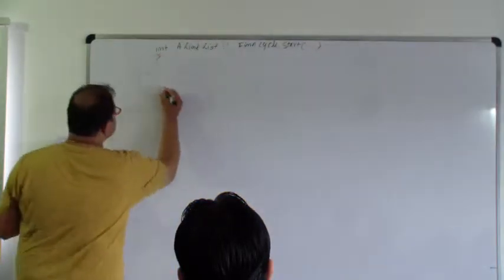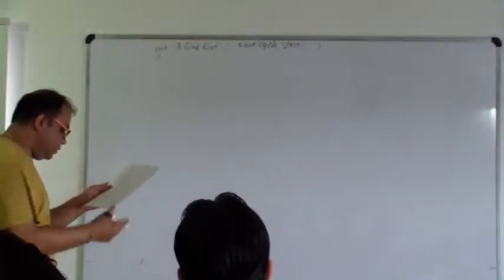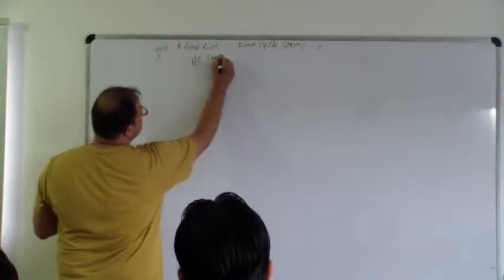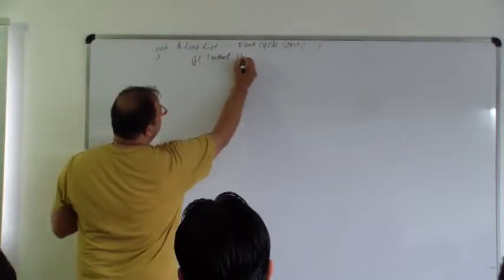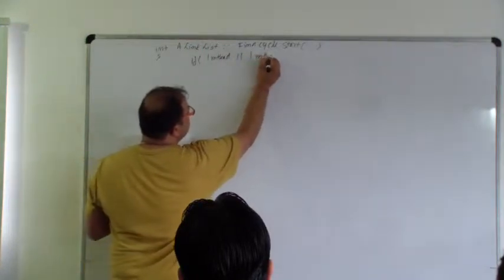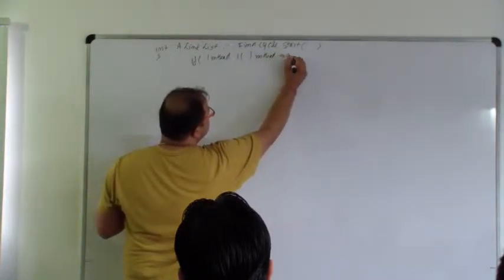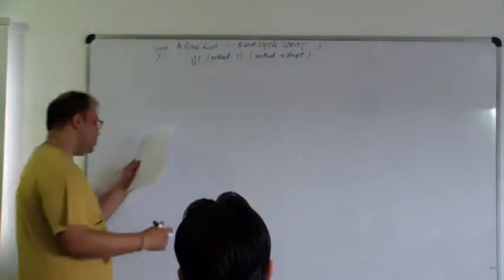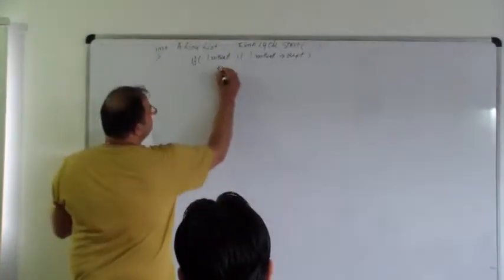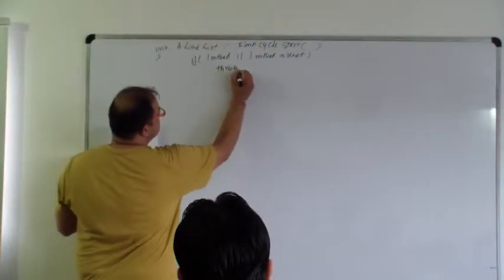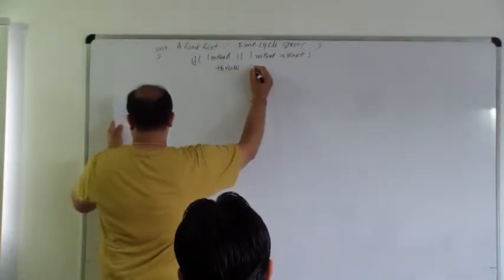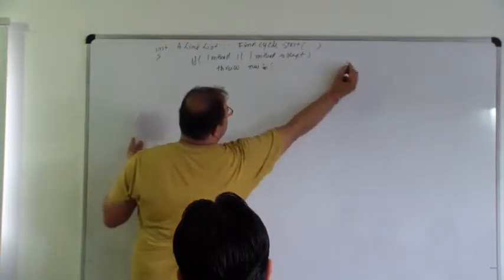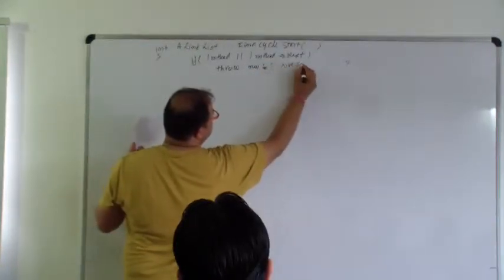We will check if not m head or not m head arrow next, which means that there is no cycle. So what we will do is throw a new exception, like list does not have cycle.